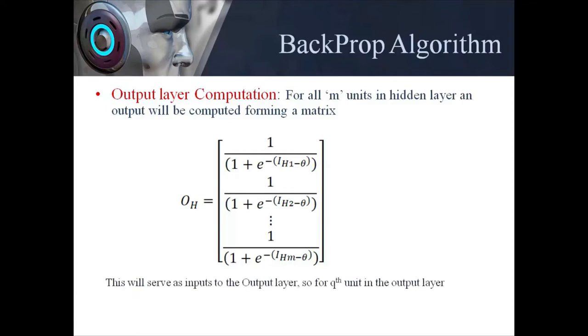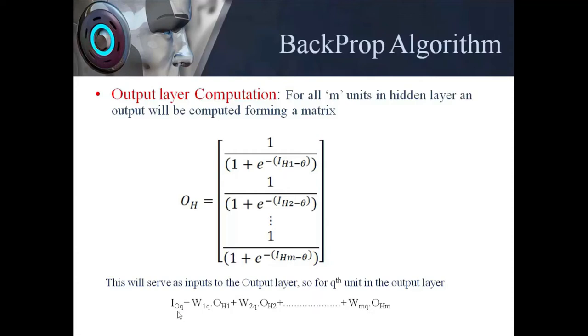So once we have this matrix available, now I will calculate the summed input which is going to any qth neuron in the output layer. So any qth neuron in the output layer will receive inputs from how many units? From the m units in the hidden layer. Okay, so that is computed as IOQ.